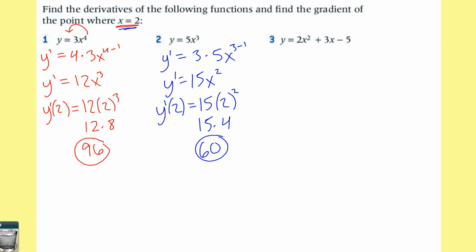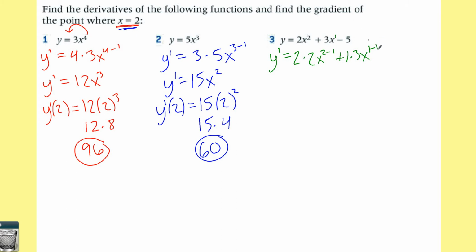Number 3. We find the derivative. We do the same thing for each one of these. So we're going to get 2 times 2x to the 2 minus 1. The 3x is 3x to the first, so it'd be 1 times 3x to the 1 minus 1.